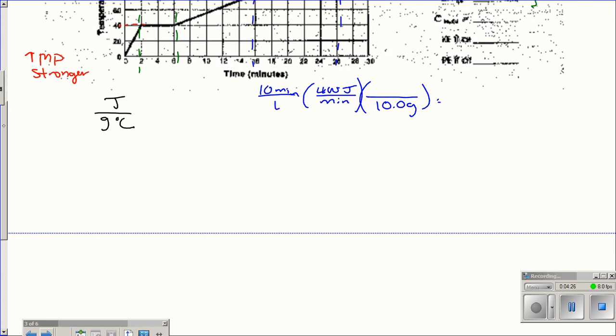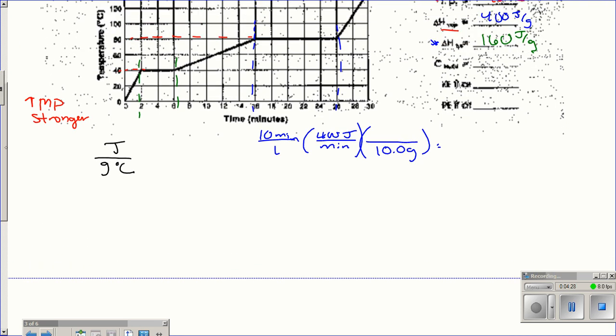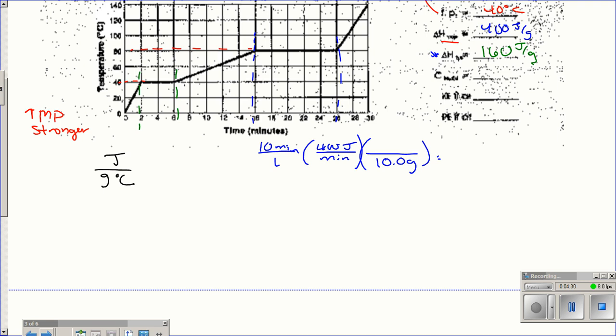We need to pick some portion on this graph, doesn't matter which, where we can calculate the change in the heat and divide that by the mass of the substance and the change in temperature that occurred there. So certainly we don't want to do this along one of the flat regions of the graph. We want to do this somewhere where the temperature is changing, and really somewhere where it might be a little bit easier to read the graph. Why don't we just use this segment here?